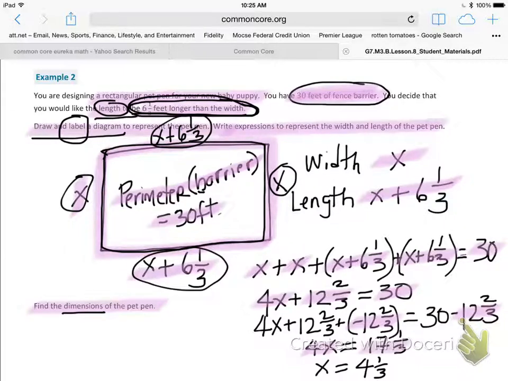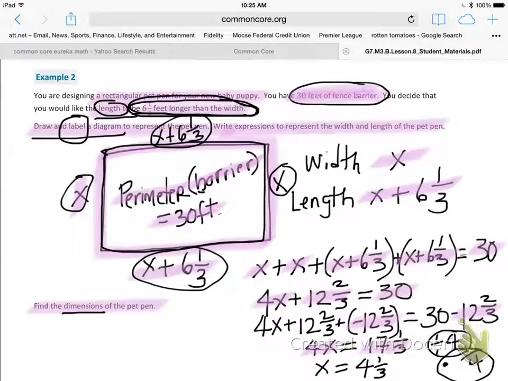And now that equals 17 1/3 because 30 minus 12 2/3 equals 17 1/3. Then I'm dividing both sides by 4, another if-then move. This could be either divide by 4 or multiply by the reciprocal, which is 1/4. You could do an if-then move using either the division or the multiplication.